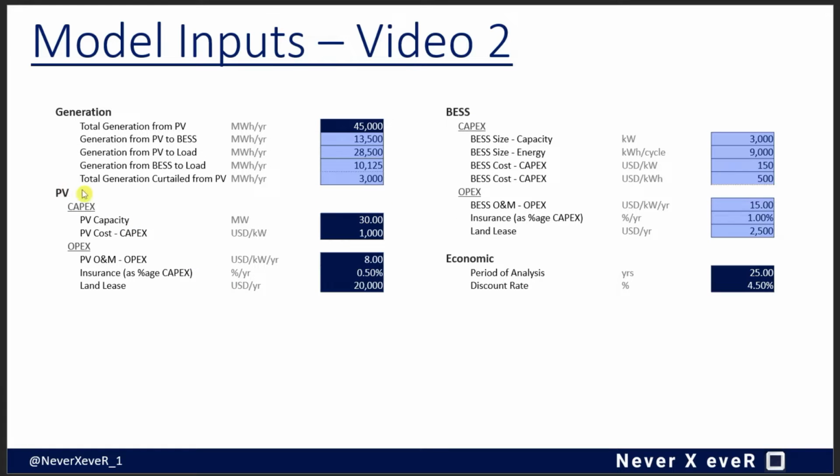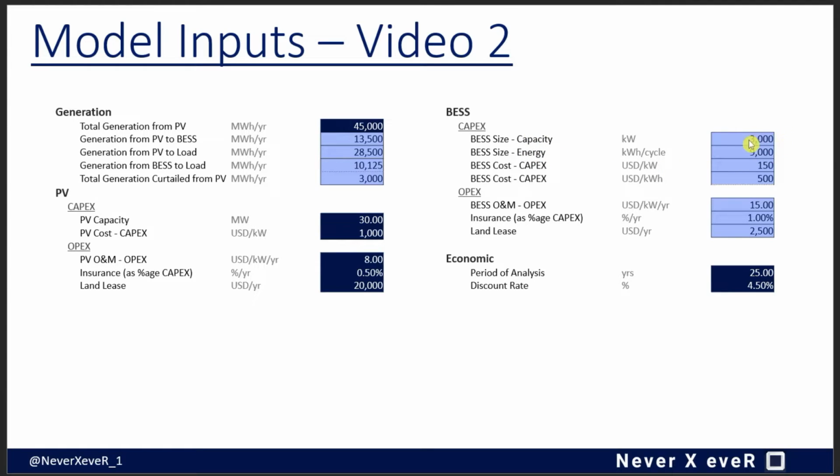Next, we have the PV capex and opex, which were already there in our first video. And then we have the battery energy storage system. What we have here is basically the same inputs as the ones we have for the PV. We have the capex. In this particular case, the battery has a price for the capacity and a price for the energy delivered.